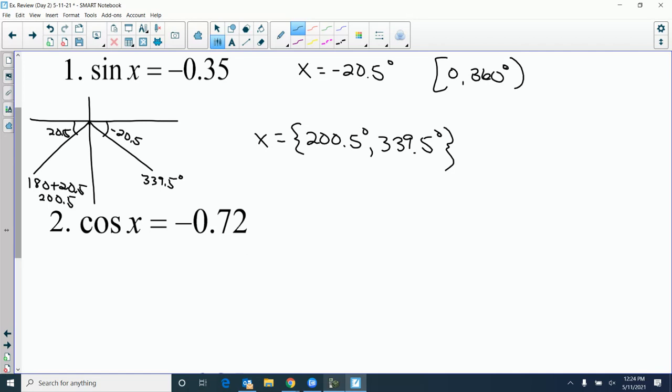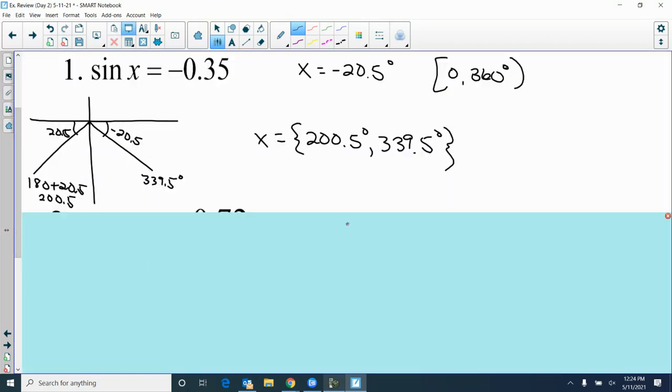Can you break it? Are you sure? And cosine will be negative.